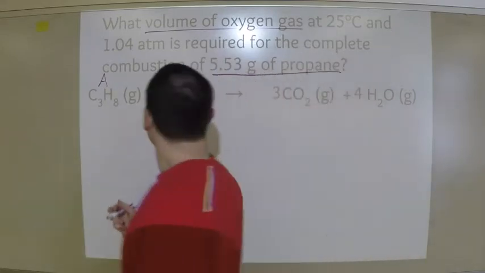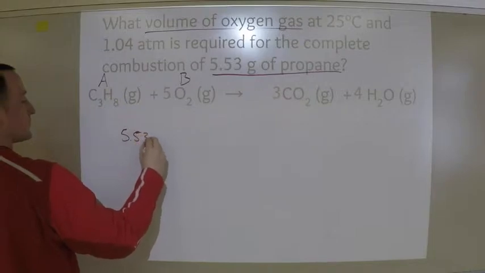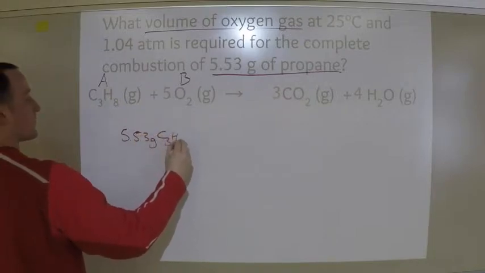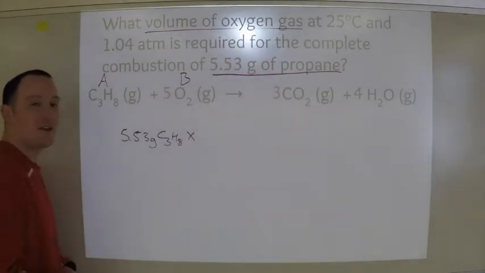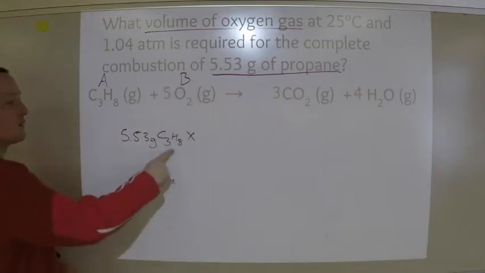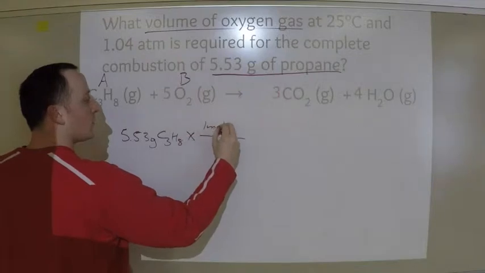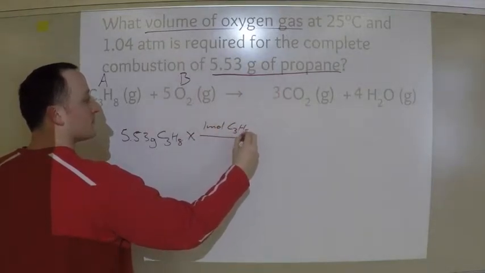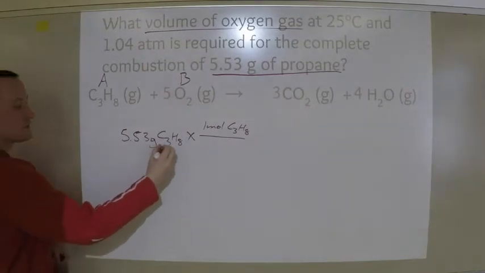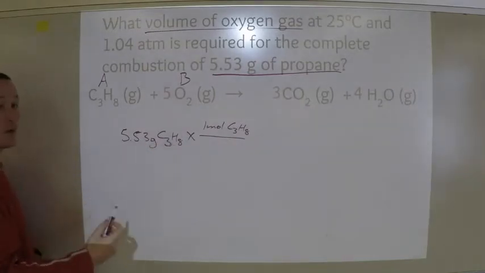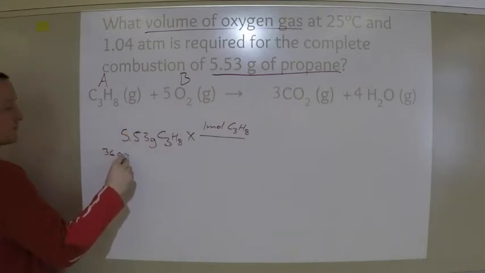So I've got 5.53 grams of propane, and I'm going to convert that to moles. To convert that to moles, I need to divide by the molar mass of propane. So I'm going to set this up using dimensional analysis. I have 1 mole of propane on top. And I need to find the molar mass of propane. Well, it's got 3 carbons, so that's 12.01 times 3, which is 36.03.